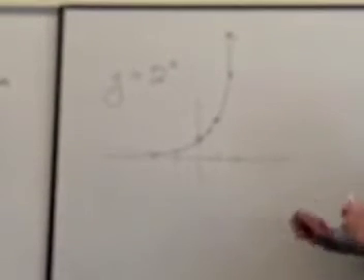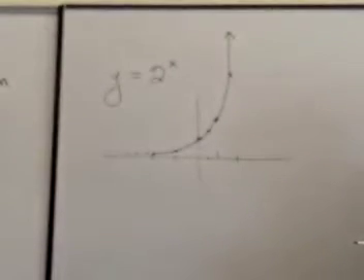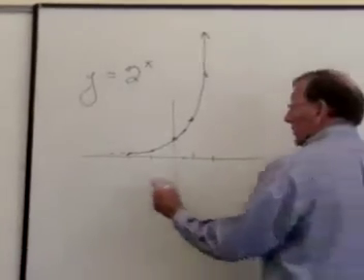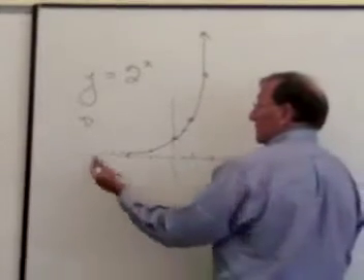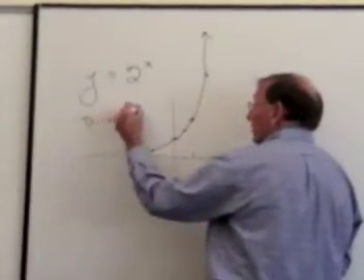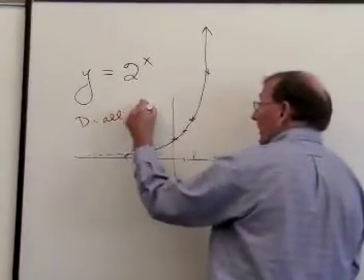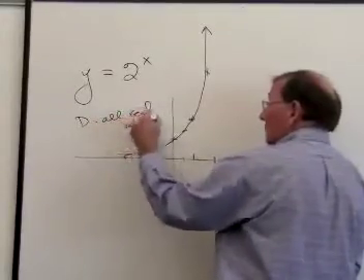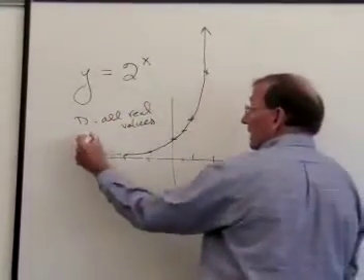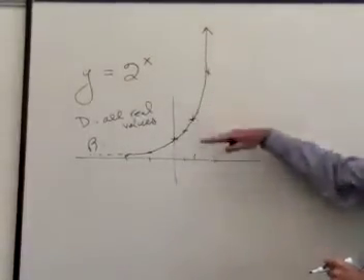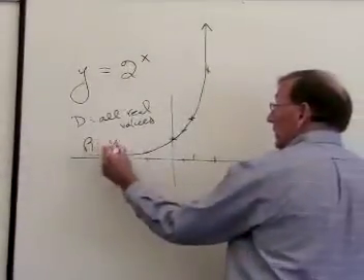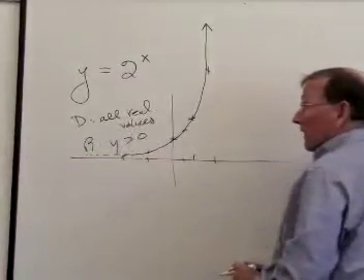We then tried to analyze what's the domain and what's the range. The domain of this exponential function happens to be all x numbers, all real values. What's the range of this function? If you look at it, you realize that the y values all have to be greater than 0.